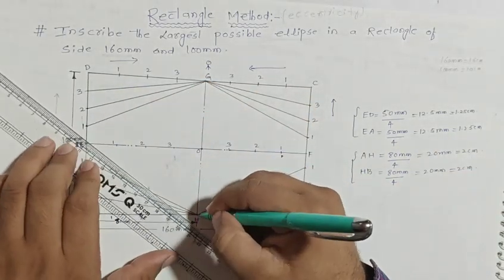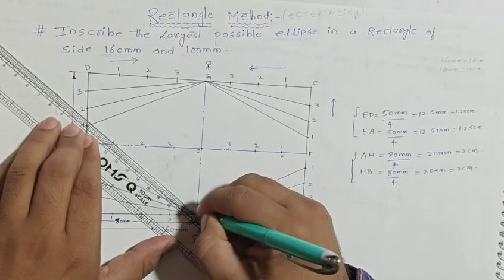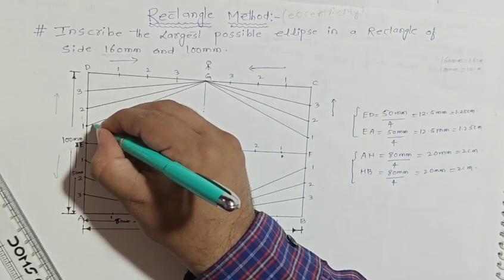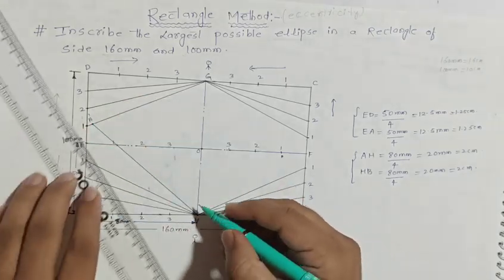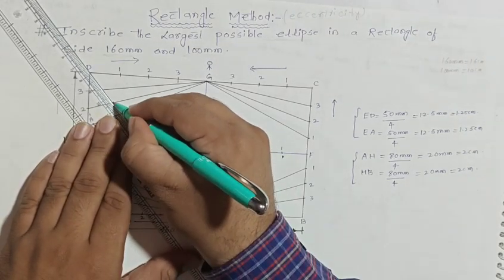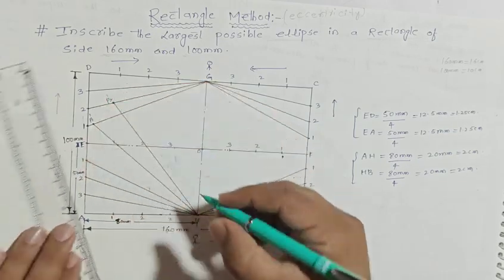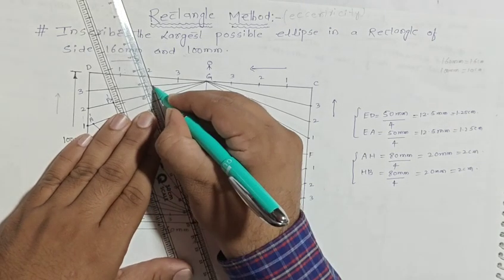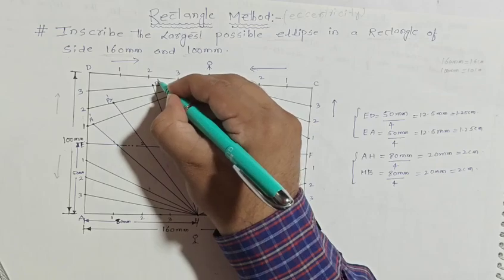Just you need to pass a line from H21 to 1. If it is a touch on the first line, it represent as P1 dash. Again from H2 to 2, it is represent as the point P2 dash. Again from H3 to 3, it represent as the point P3 dash.